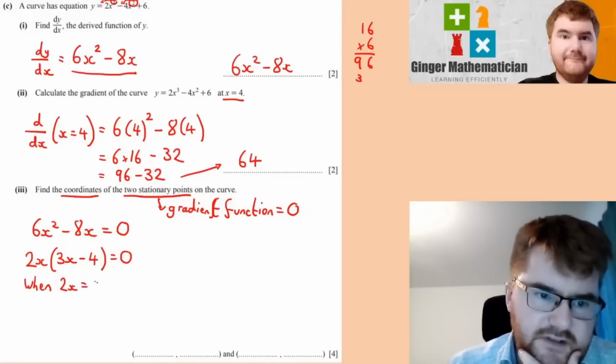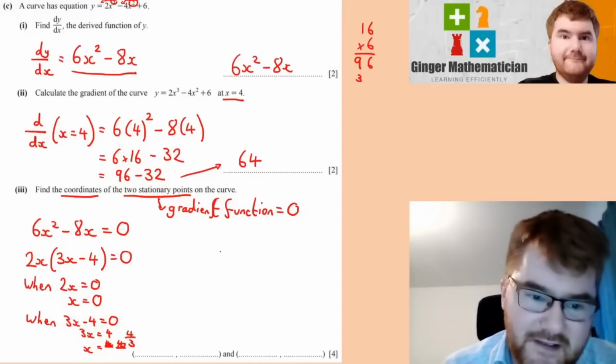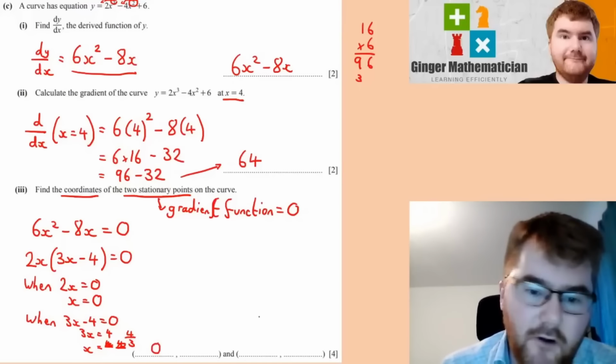Well, x is equal to 0, and when 3x minus 4 is equal to 0, well, 3x is equal to 4, x is equal to 4/3. It doesn't want me to write it, I'm going to write it over here. There we are. So x is equal to 4/3. So that's our x coordinates of the turning points.